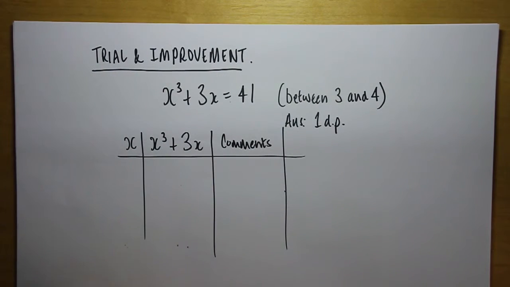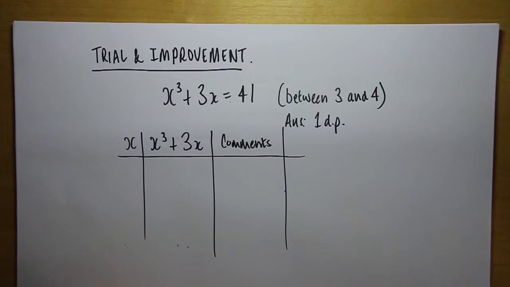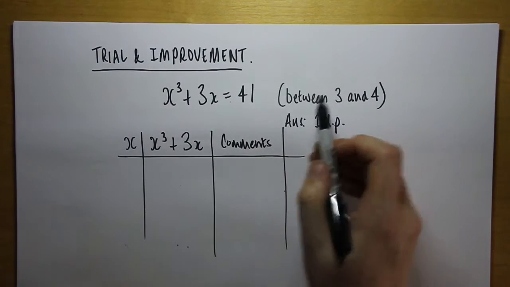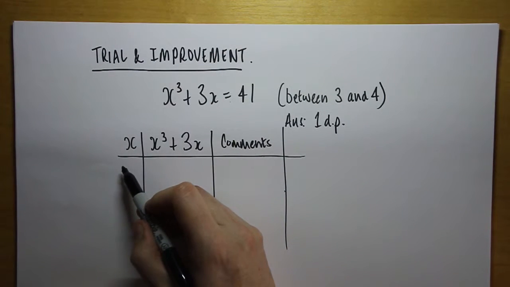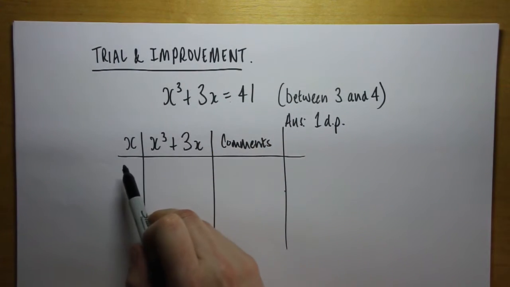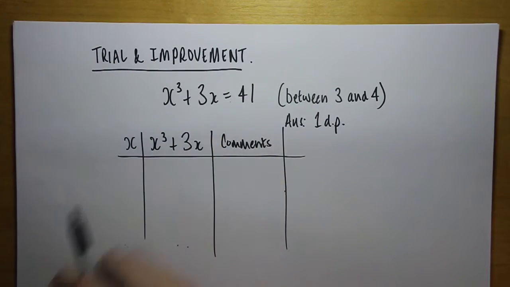Now the easiest way to explain it is by way of an example, so we'll just jump right ahead and start this. We're looking for a value of x that is between 3 and 4 which satisfies this. We will make a guess. We will substitute that value into our expression here and see if it gives us anything near 41.